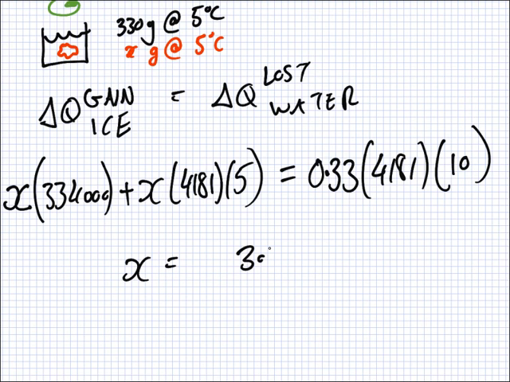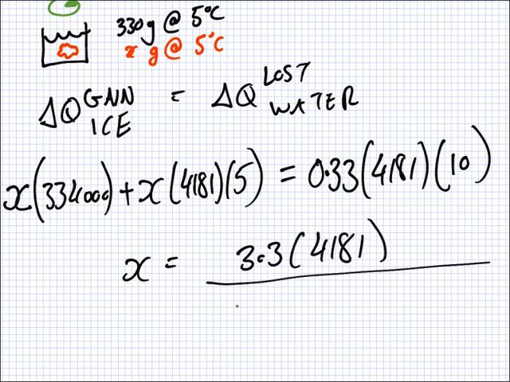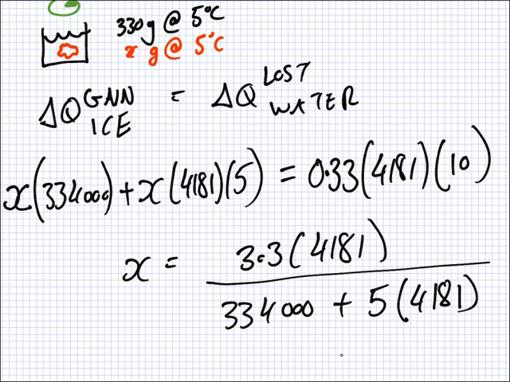This will be 3.3 times 4181 over 334,000 plus 5 times 4181. That gives 0.0388, so 39 grams, because that's in kilograms.